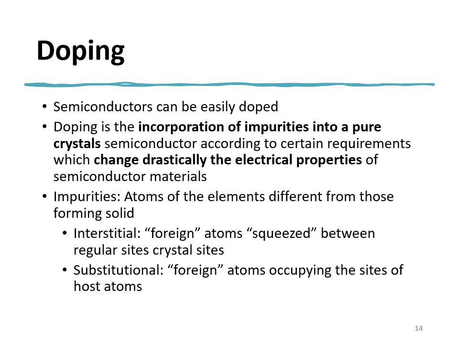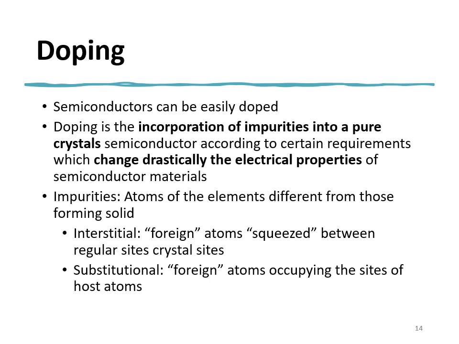Impurities are atoms of elements that differ from those forming the solid. Interstitial: foreign atoms squeeze between the regular crystal sites. Substitutional: foreign atoms occupy the sites of host atoms.